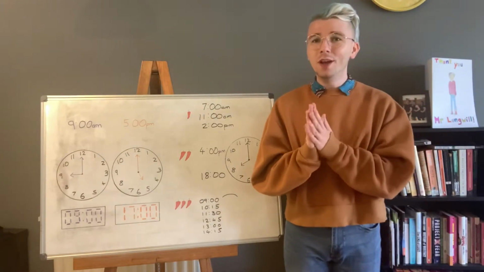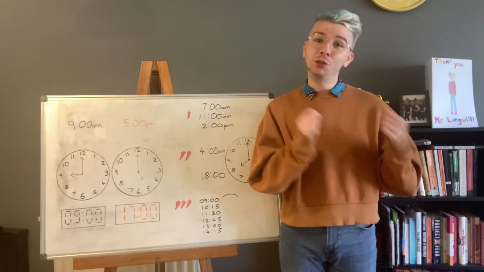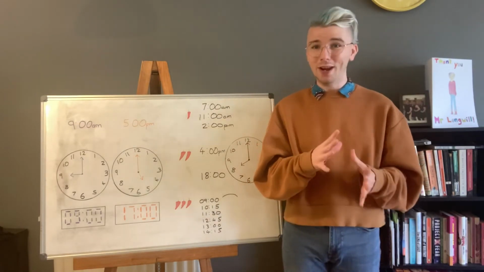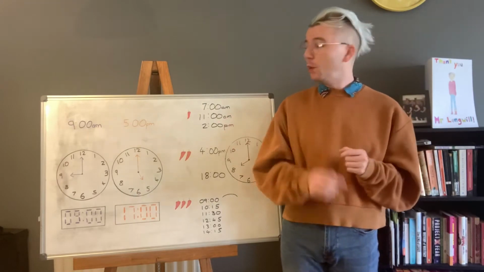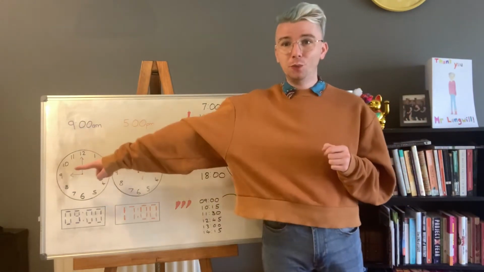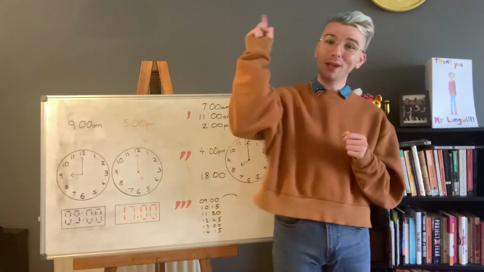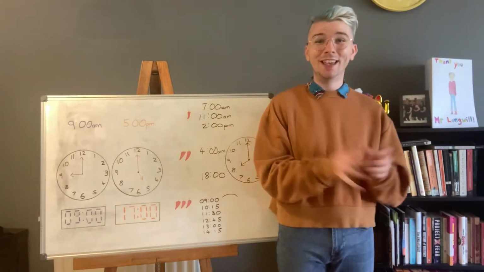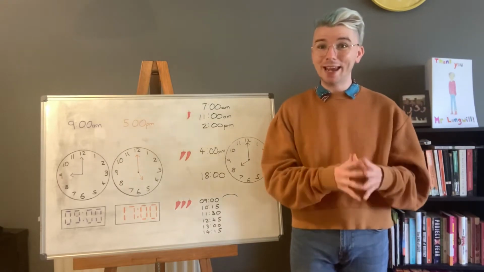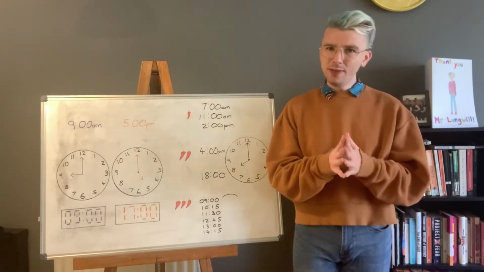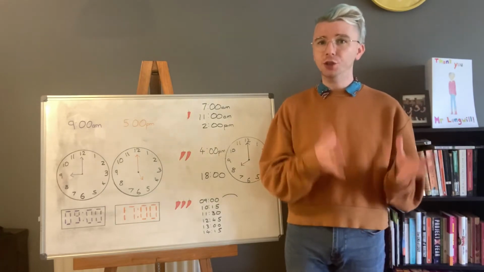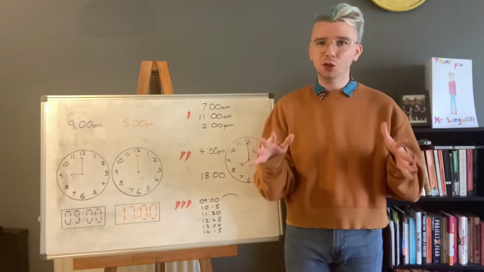If you know that your minute hand is your minute hand and your hour hand is your hour hand, you're less likely to make the hands point the wrong way. What do I mean by this? Well, if we look at 9 o'clock, we can see the minute hand is pointing straight up at 12 and the hour hand is pointing straight at 9. That way we know that it's 9 o'clock. If the hands were to be swapped around, that would almost show a time of 11:45, which is not the time that we're trying to display.